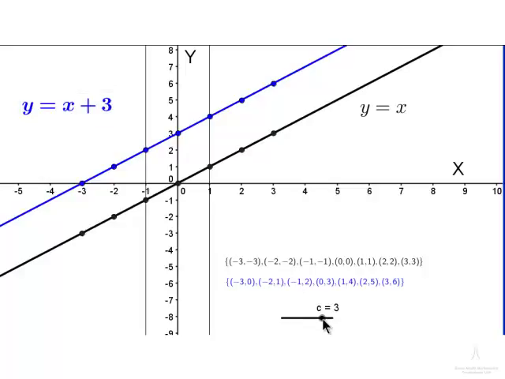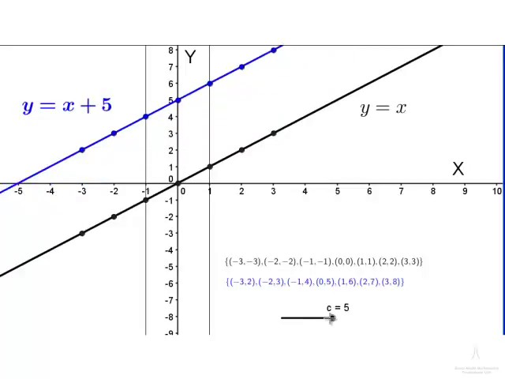I will simply move it and leave it at a couple of places for you to reflect upon in the class. Let's stop where the value is 5. So take note of the new defining equation. Take note of the sketch of this transformed function, because you need to be able to do that.